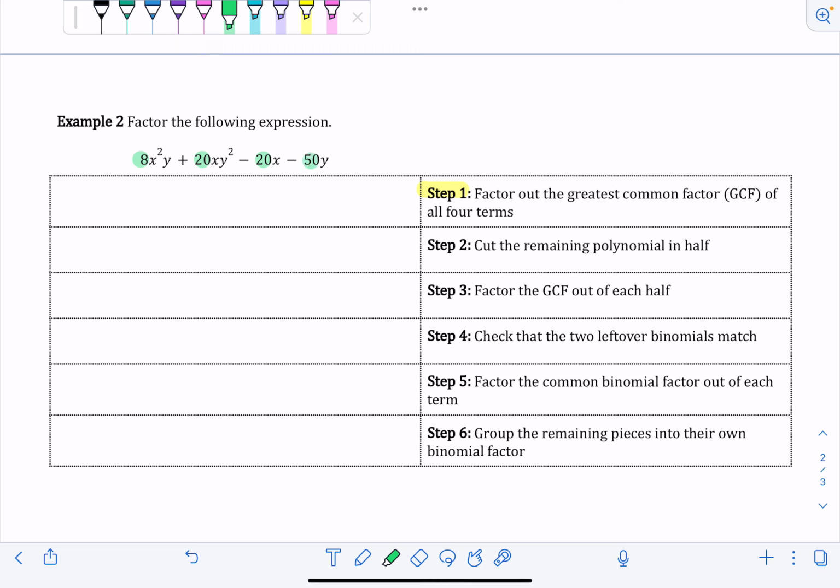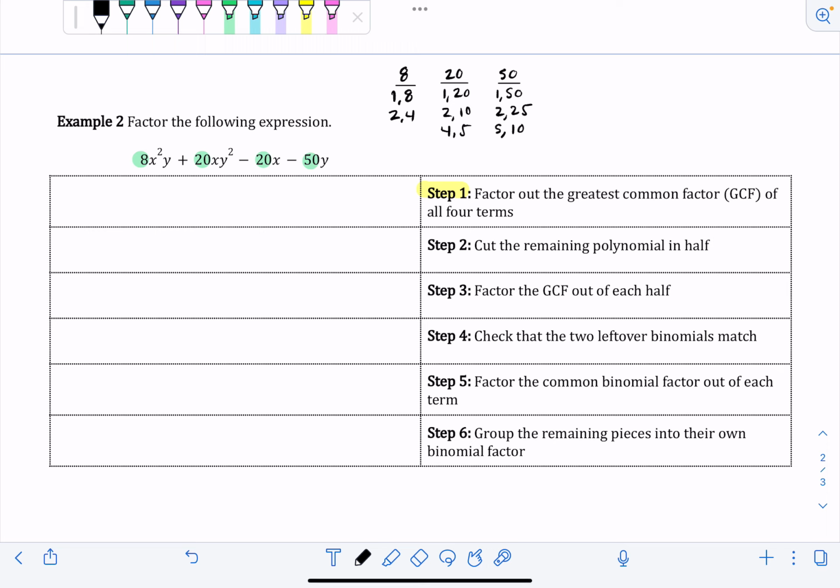If you want, you can make a list of the factors. I'm going to make one really quick just to remind us that we can do that. So 8 is 1 and 8, 2 times 4, and that's it. 20 is 1 times 20, 2 times 10, 4 times 5. 50 is 1 times 50, 2 times 25, and then 5 times 10.